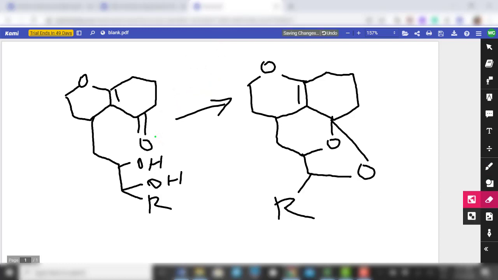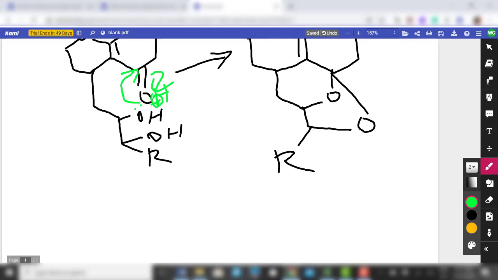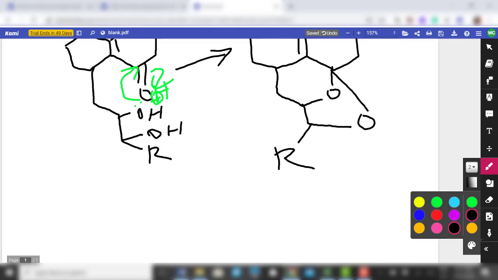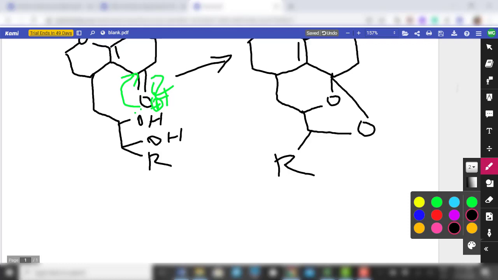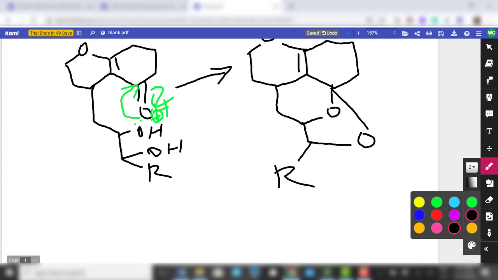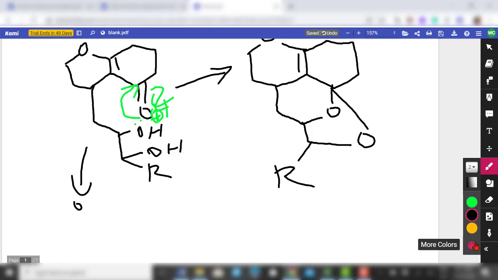You would expect the H to be protonated, and in the process, the lone pair of oxygen will perform a nucleophilic attack on the carbonyl carbon, and then the electrons will shift. I hope when you look at this, you will be able to draw the first intermediate product.